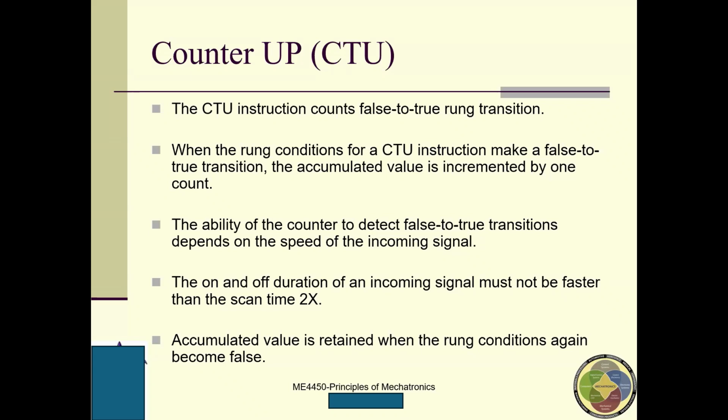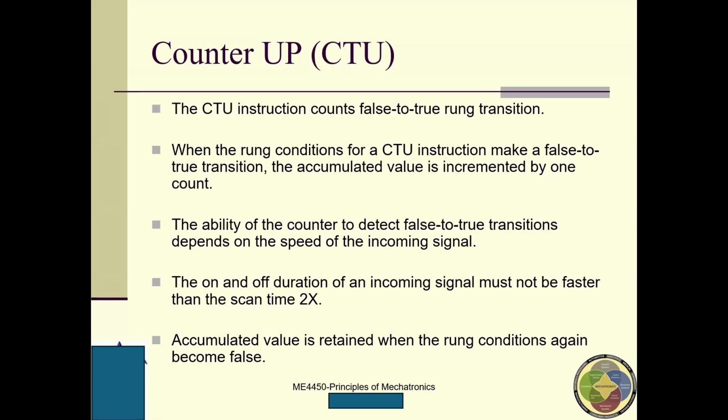For example, if the signal changes very, very quickly, maybe the built-in counters will not work for you, and you need to have a hardware counter. Hardware counter means that you need to pay more money to buy this hardware counter. So the on and off duration of the incoming signal must not be faster than the scan time. Otherwise, it will not work very well.